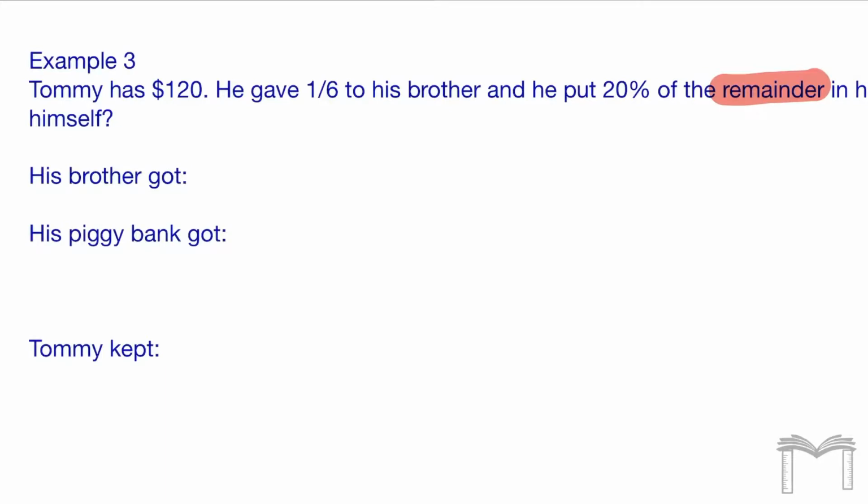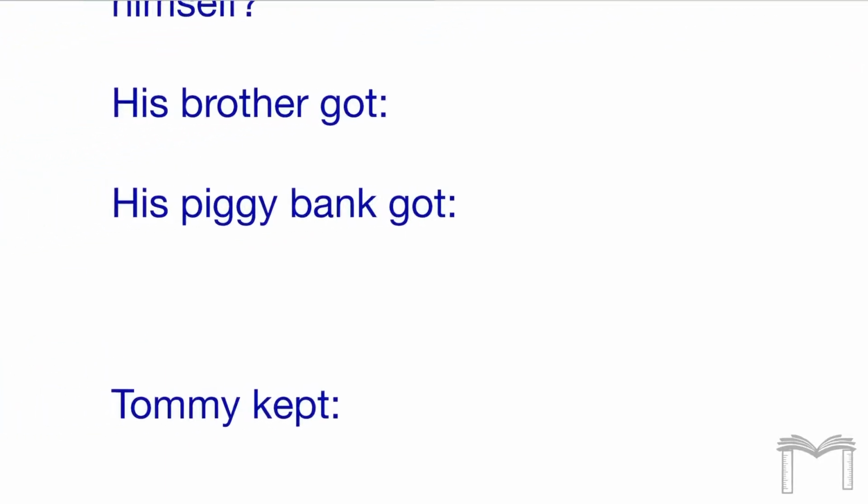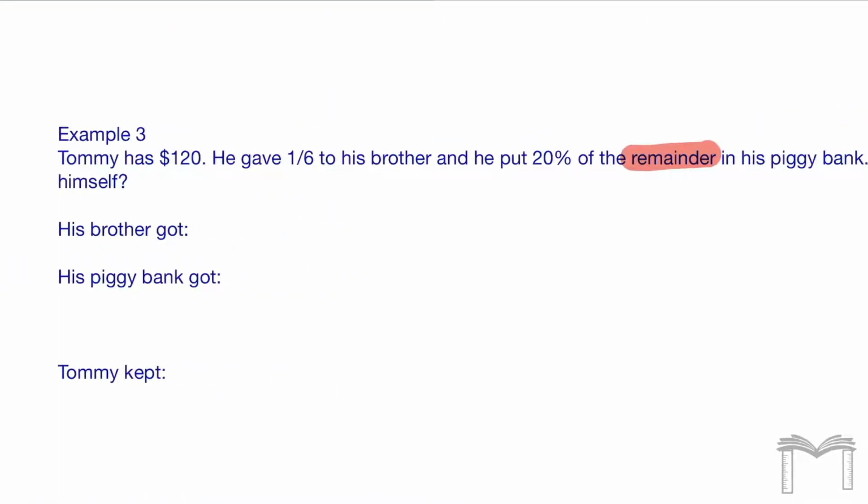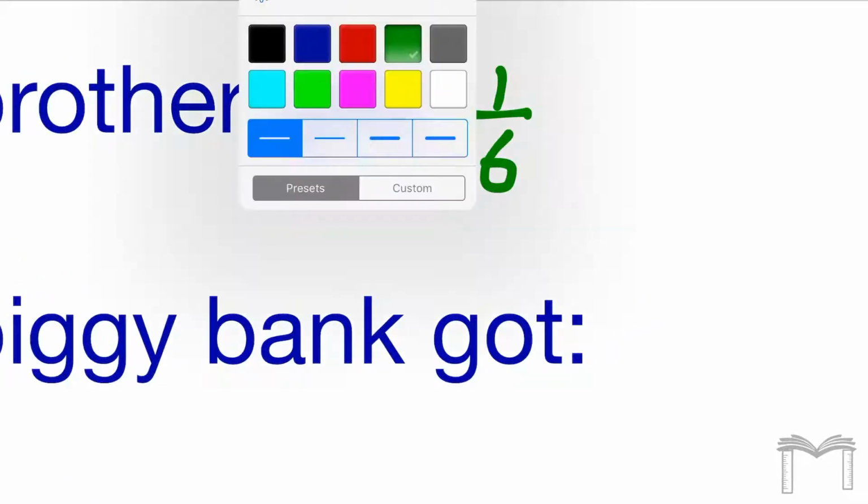Alright, so he gave away 1/6. Okay, so his brother got 1/6. So if he gave away 1/6, it means that he remained with 1 take away 1/6.